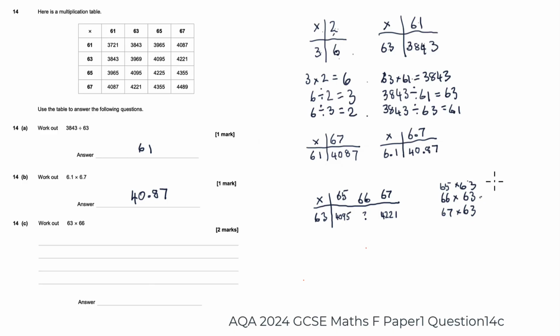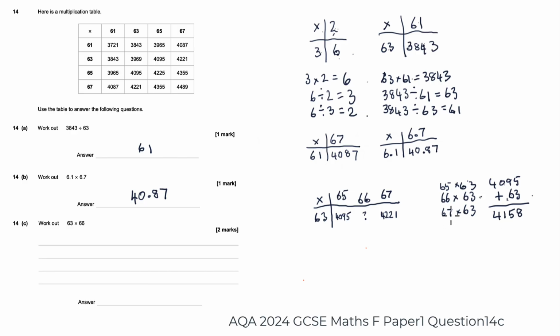So we could take the 4095 and add 63 to it. 65 lots of 63 is this. So adding another lot of 63, that will give us 66 lots of 63, will give us, well, that's 8, 9 plus 6 is 15, 1 and 0 is 1, 4. And there we go, 4, 1, 5, 8.